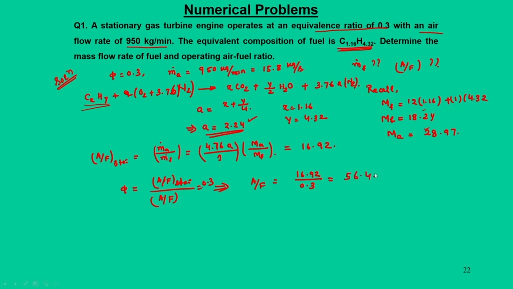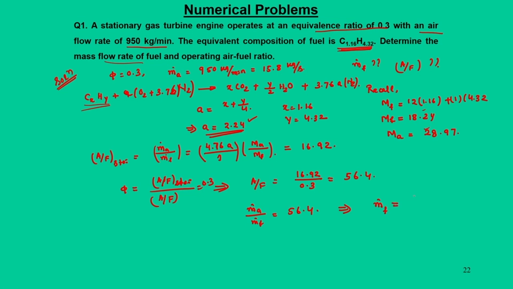But what we require is the mass flow rate of the fuel. So m dot A by m dot F is equal to 56.4, and m dot A is known, 950 kg per minute.